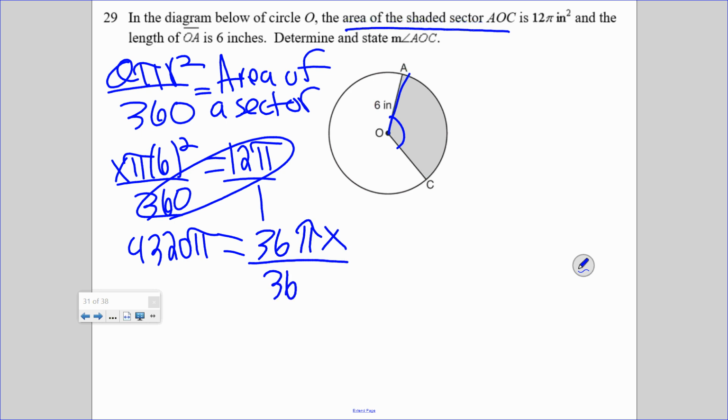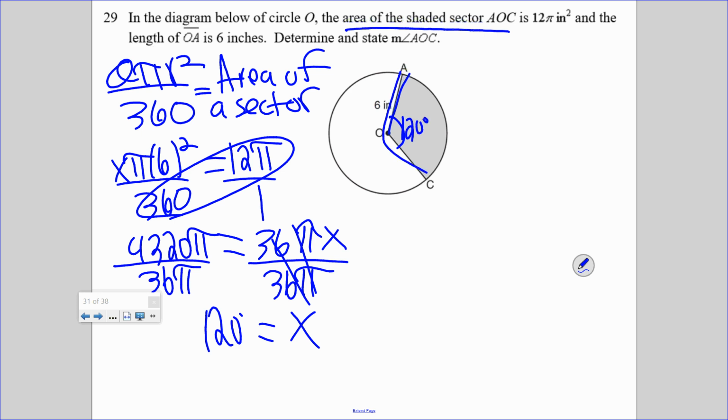Divide by 36 pi. X equals 120. That's the central angle. It's asking for the central angle. That's your answer. Measure of angle AOC equals 120.